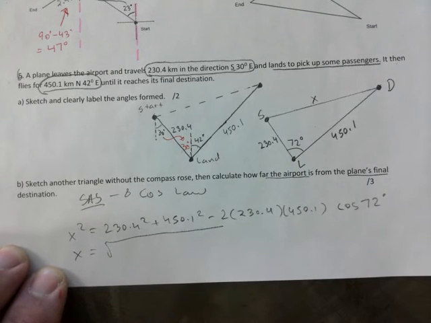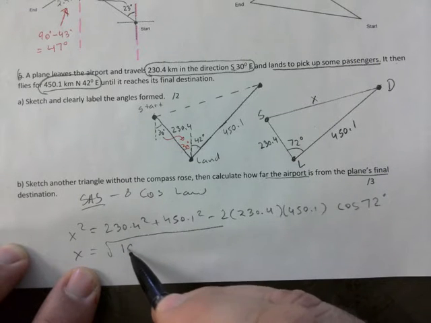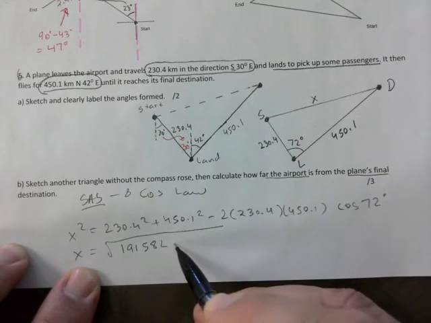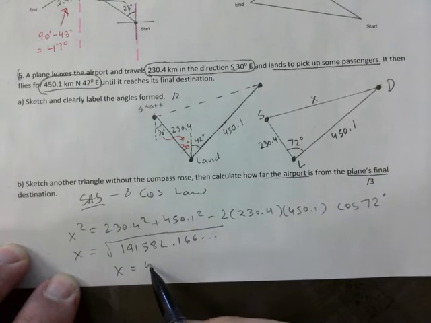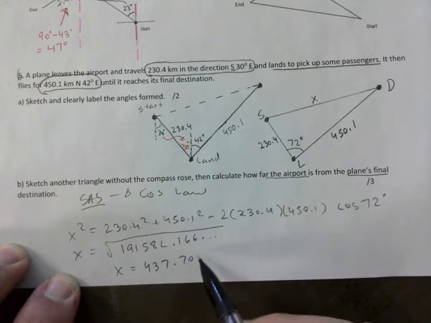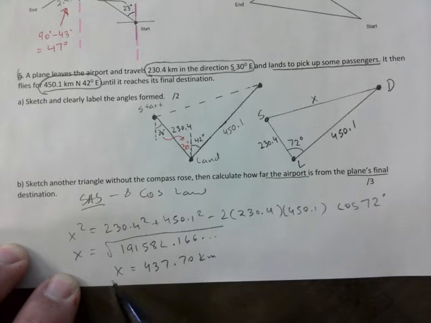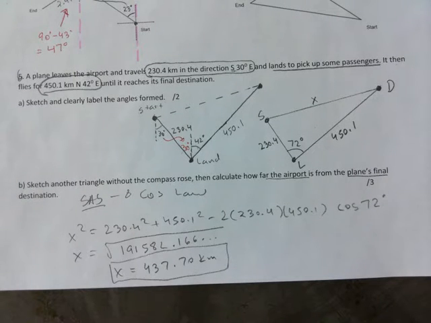Let's take the root of that. That is actually 191,582.166, and that keeps going. So it's 437.70 kilometers. I look at my diagram, and you don't really have much else to go off of, so you kind of just have to trust your answer there. And so that is how you do one of those.